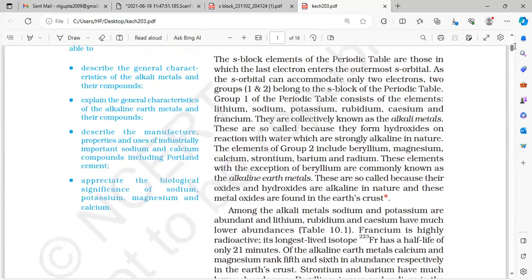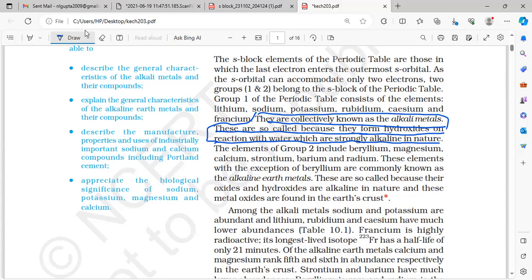They are collectively known as alkali metals because their hydroxides, on reaction with water, are strongly alkaline in nature. Can you read this?